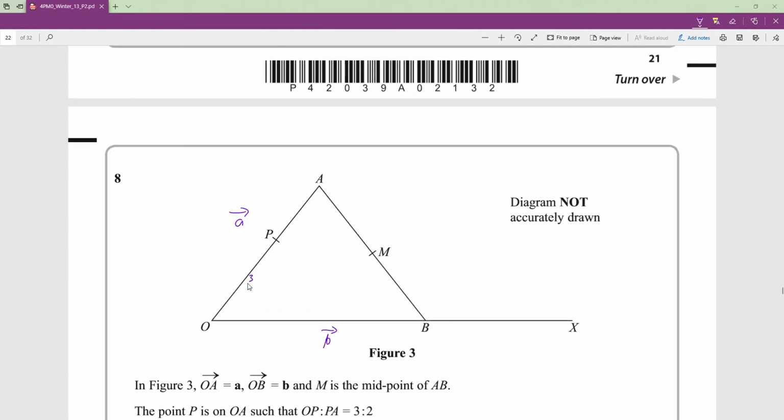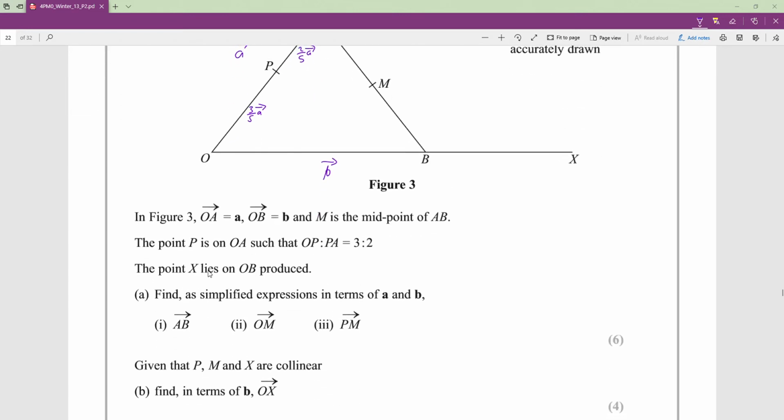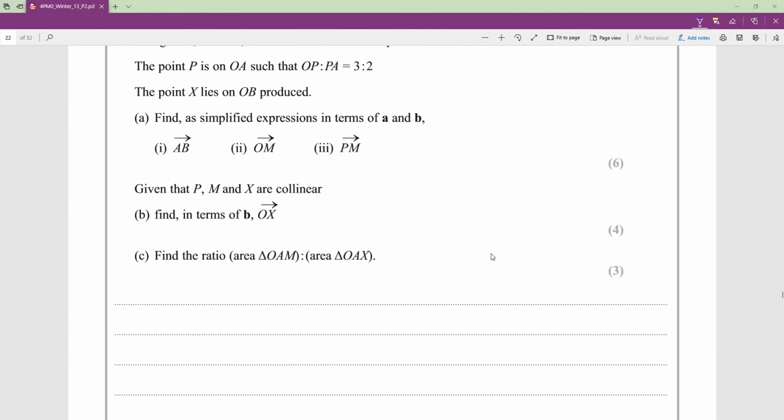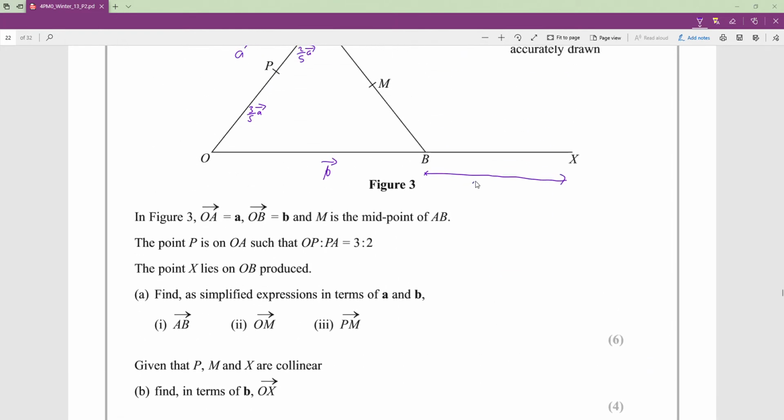So this would be 3 over 5 A, this would be 2 over 5 A. The point X lies on OB produced, so X would be a bit more than B. So let's say from here to here is a variable we don't know, like lambda B.